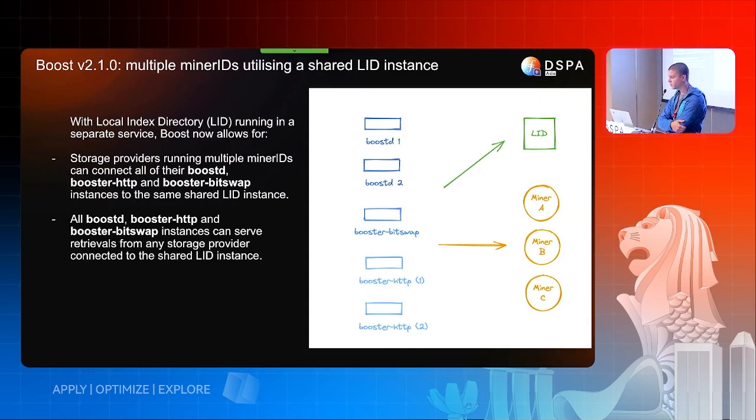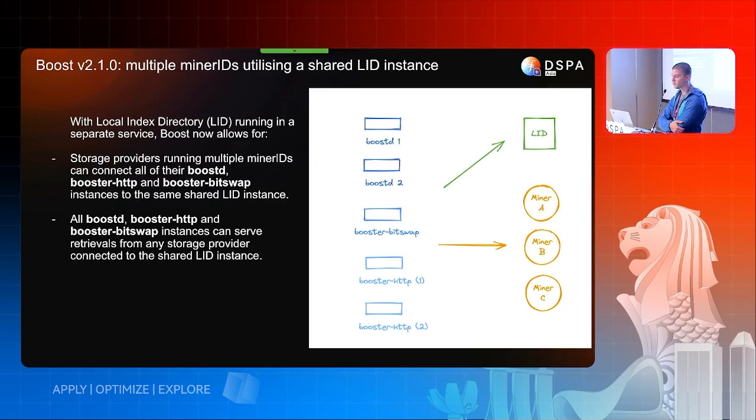Another feature that we built in Boost v2 is support for a shared local index directory. This means that if you are a larger SP organization that provides infrastructure to multiple other SPs, you can have a single index data store that holds the data for multiple miner IDs. So if you're running multiple miner IDs, they can all connect to the same one from their respective Boostd, Booster HTTP, and Booster Bitswap instances.